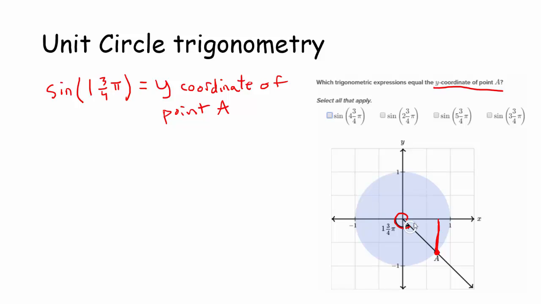So if I kept my angle going another 2 pi, I'd wind back up at point A. What would that angle be? If I was at 1 3/4 pi and I went another 2 pi, that would bring me to 3 3/4 pi.